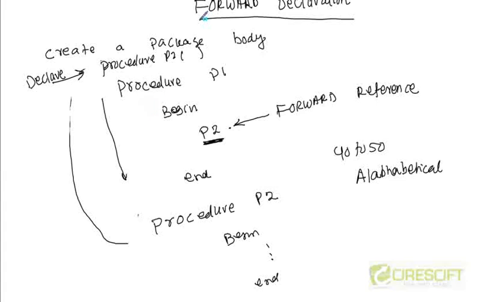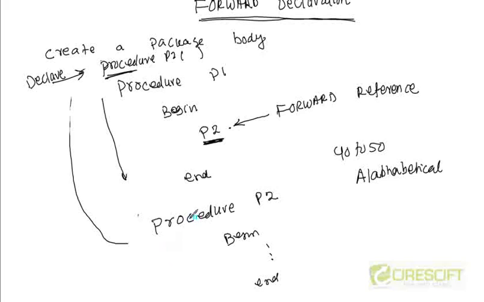And this is what is called forward declaration. Just remember that procedure p2 must be a private procedure or function. If it had been a public procedure, declared in the package specification, then the compiler knows it, and there is no problem. The problem only occurs when you have a private function or procedure and you are trying to access it before it has been defined.